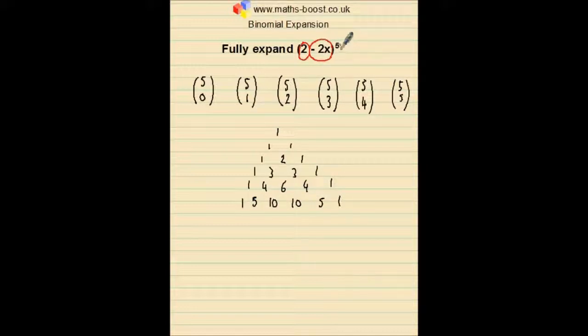Again, this tells me I need the fifth row in Pascal's triangle, bearing in mind we start from 0. 0, 1, 2, 3, 4, 5, so here we are. And again, there is a fail-safe, because if you'd have picked the wrong row, I would end up with one too few or one too many values.